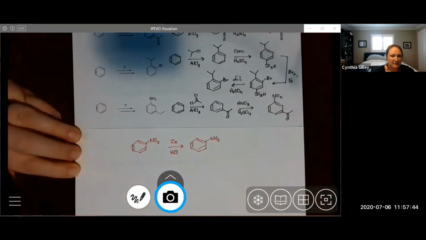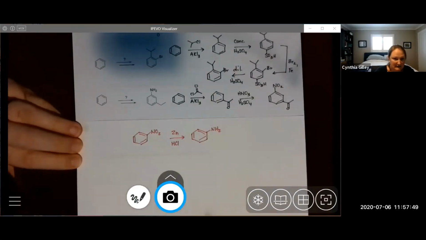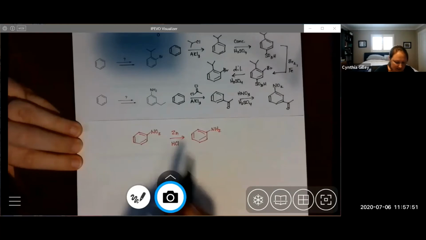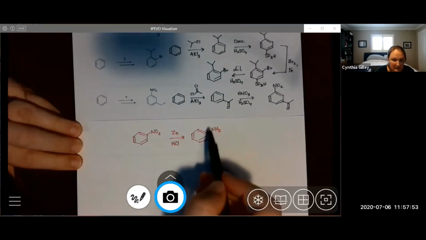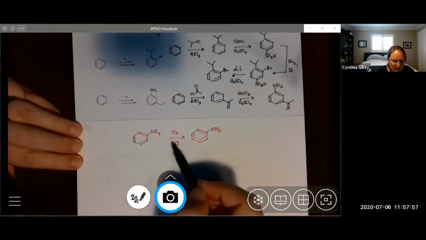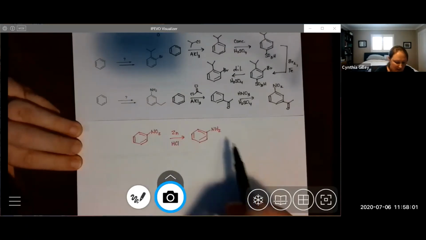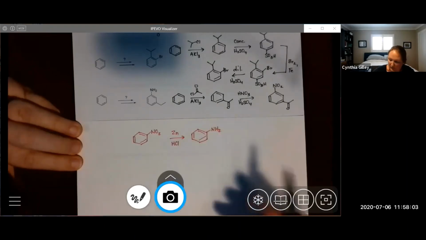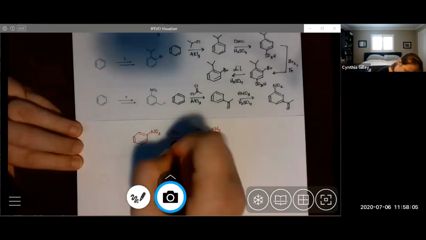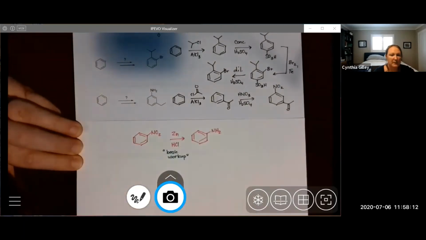By the way, there is a basic workup that is not mentioned, but it definitely needs to happen. Because under acidic conditions, this would be protonated. Amines are basic. Under acidic conditions, they would pick up a proton and become an ammonium ion. So in order to get the free amine back, we need to do a basic workup, which is not mentioned. That needs to happen.